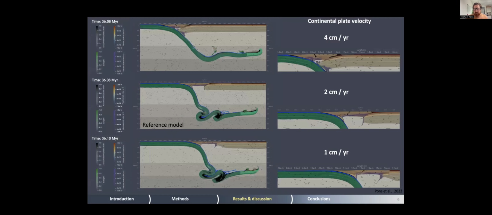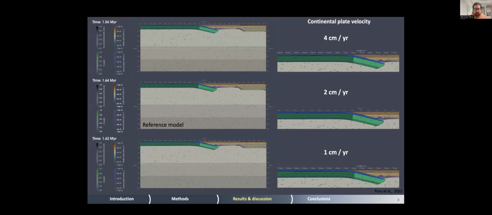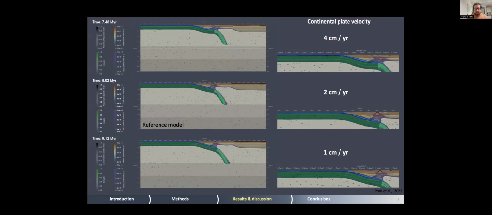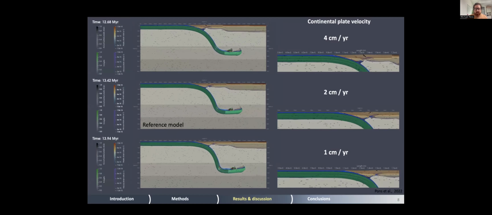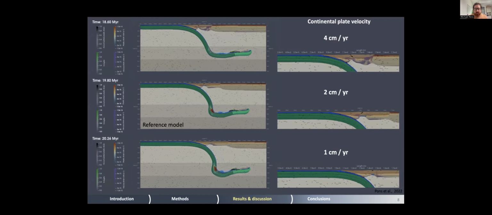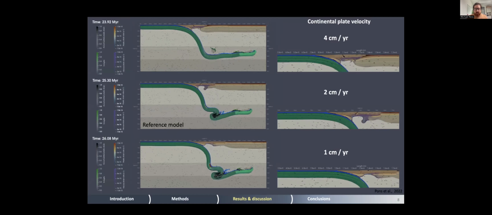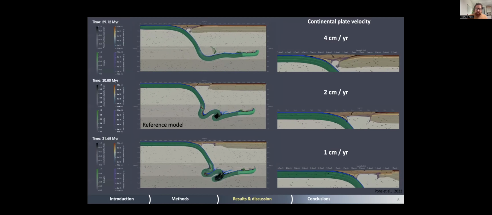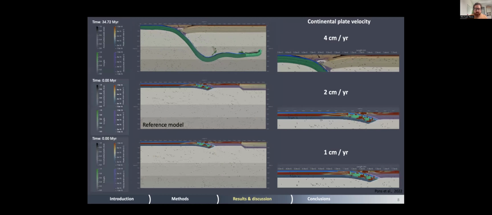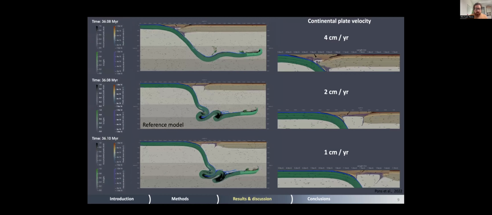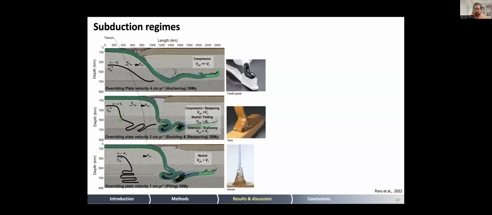First we have the flat subduction, and the steepening leads to the delamination of the mantle lithosphere. With 4 centimeters per year for the overriding plate velocity, we see that the slab is not deforming at the mantle transition zone, while with 1 centimeter per year it is strongly deforming, and that leads to much less deformation and no underthrusting of the Brazilian cratonic shield.